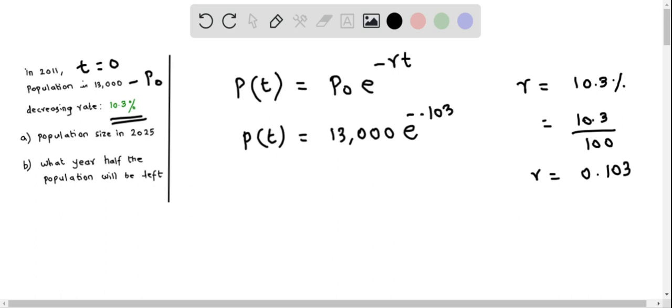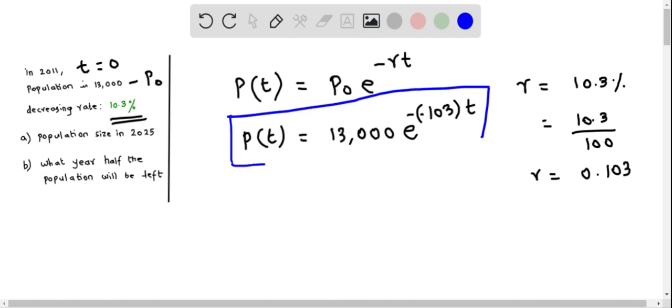And so it becomes a negative of 0.103 t. So we have written this population model given the situation. So P of t equals 13,000 times e raised to the power of negative of 0.103 t is the population model.